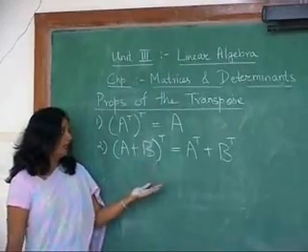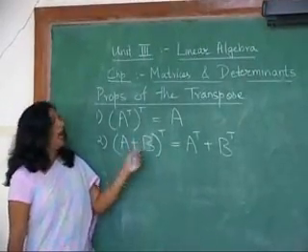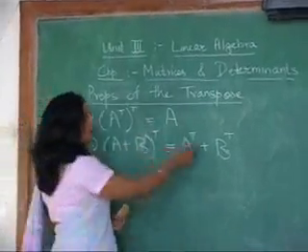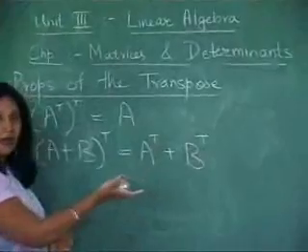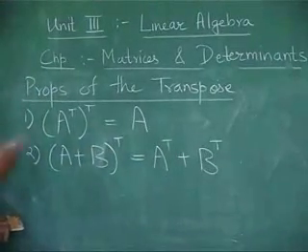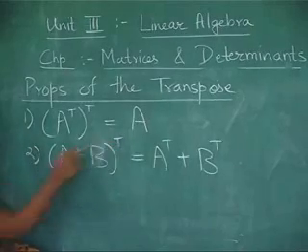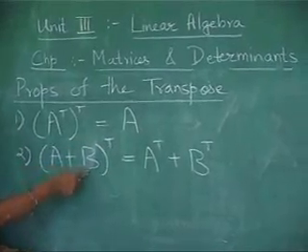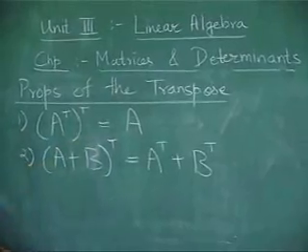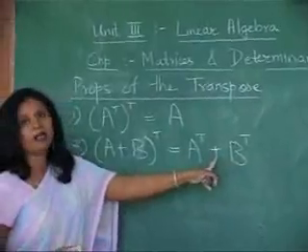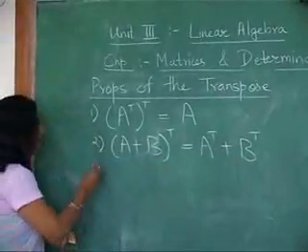So here we are saying that if we first add and then take the transpose, or if we first take the transpose and then add, we will end up with the same matrix. So the order of the operation for sum and transpose is not very important. You can either first take the sum and then the transpose, or you can first take the transposes and then add the two matrices.